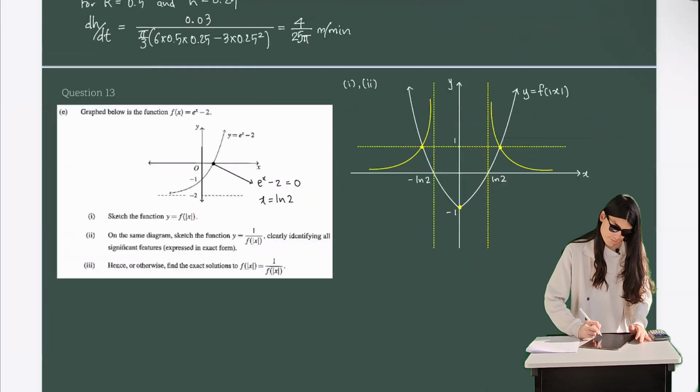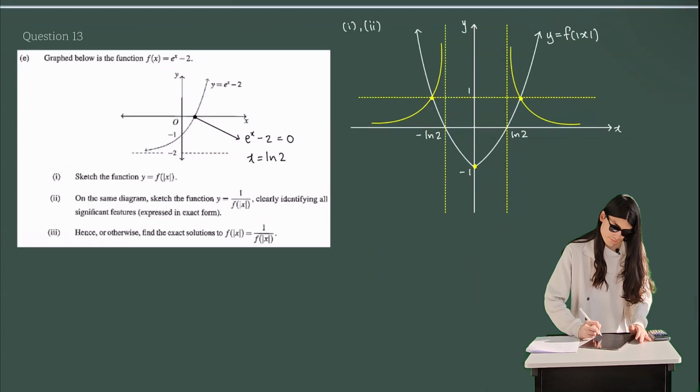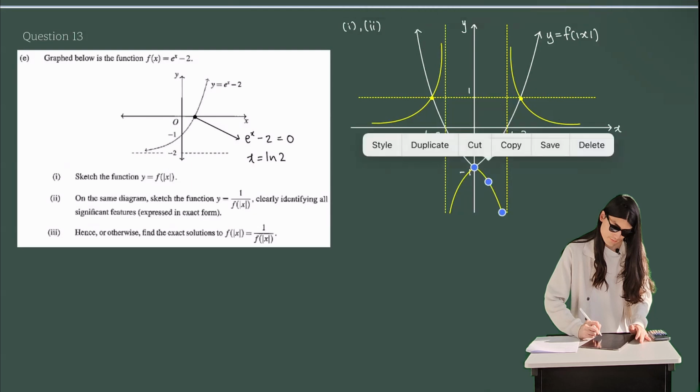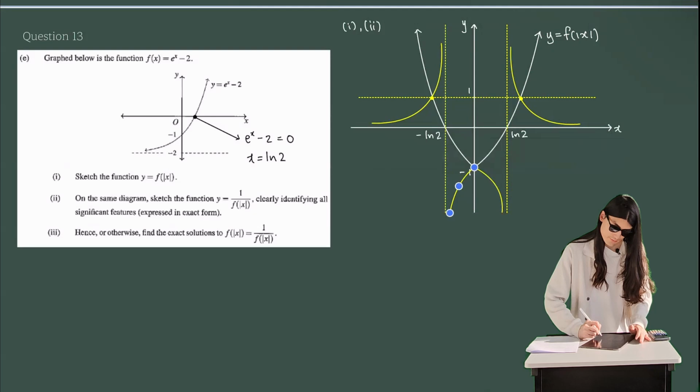And then in the middle over here, your reciprocal graph would have a sharp point at y equals -1, because the original function also had a sharp point created when you reflected your graph.